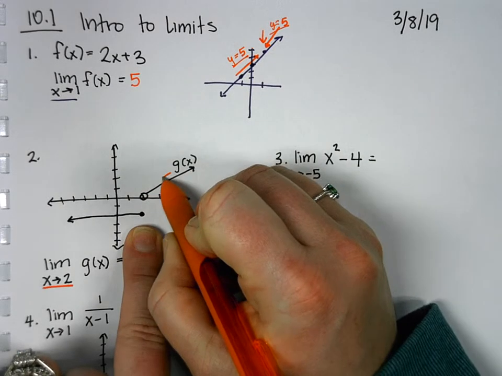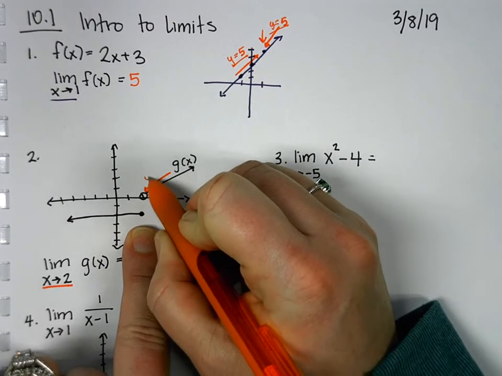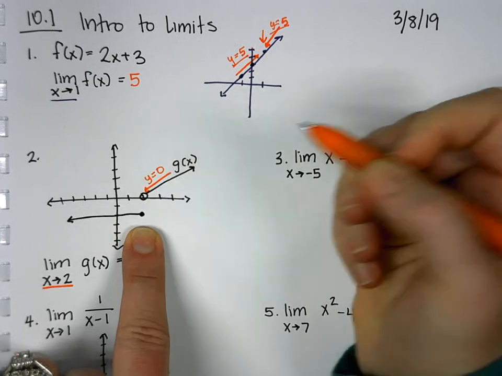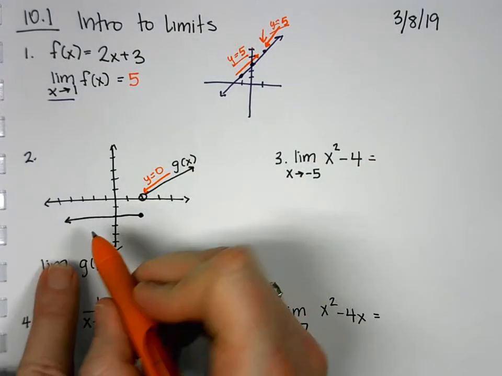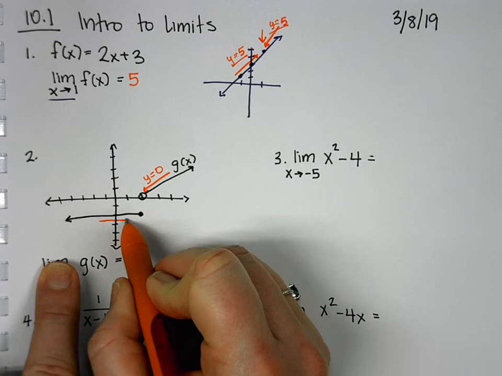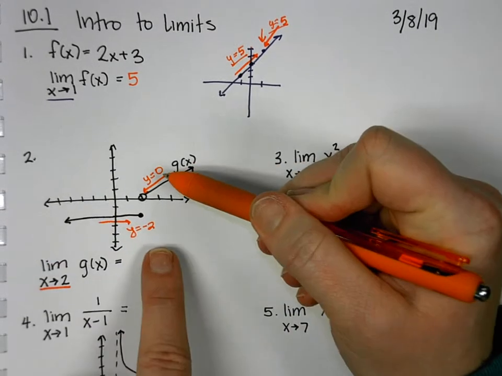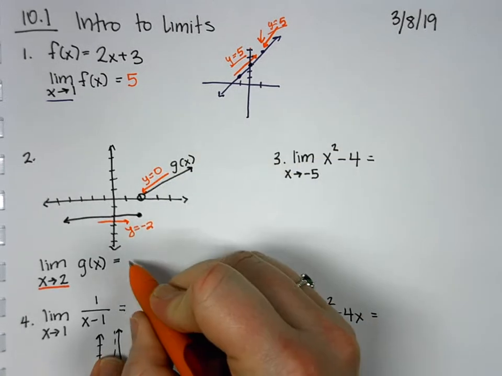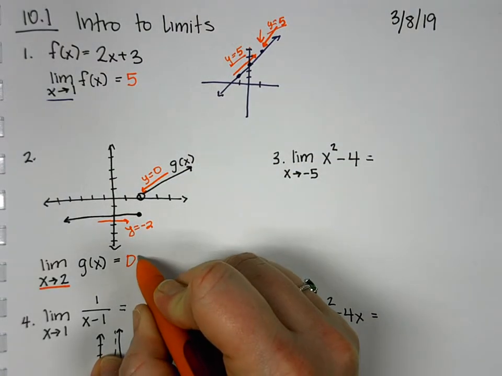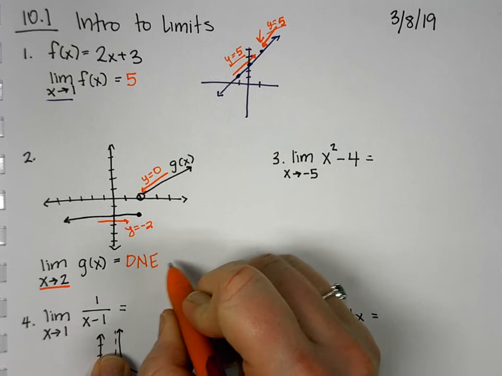So if I come from the positive, my y value here is going to be approaching 0. This direction, the negative direction, the y value is negative 2. Since these don't match, we have no limit, or we write does not exist.